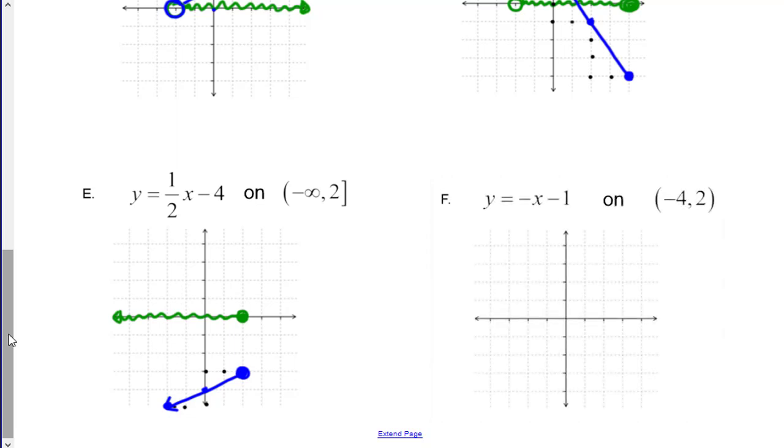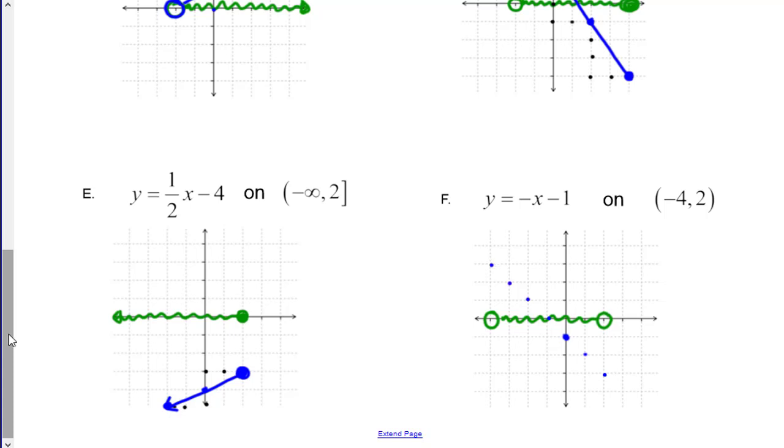And one last example here. This time I'm restricting myself from -4 exclusive to +2 exclusive. And I have the line y equals -x minus 1. So there's -1. The slope is -1. I'll go down 1 over 1, down 1 over 1, or up 1, back 1, and so forth.